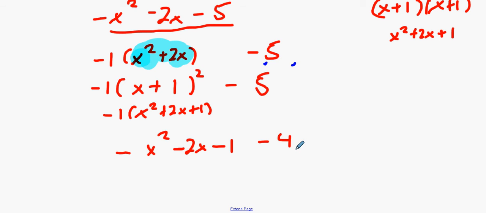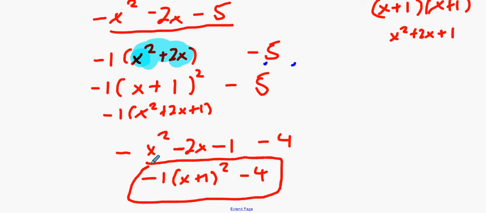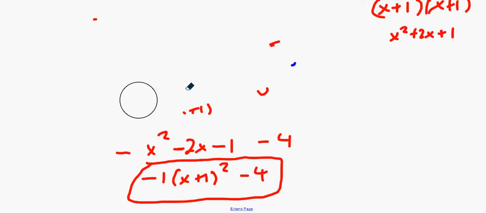Perfect. Now we pretty much have our answer now, don't we? What do I do now? Okay, you guys? You're done. Answer. Go. Alright, cool. Next one's probably one of the more difficult questions we've done recently.